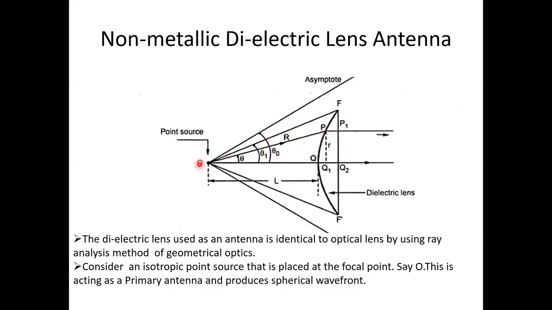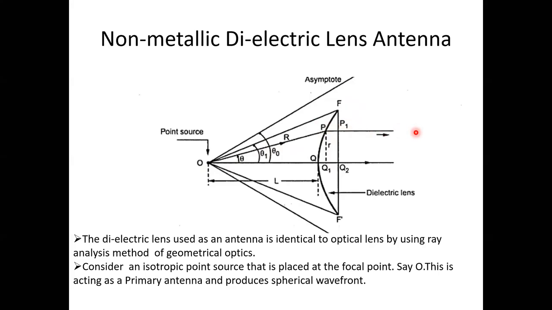As we know, when the wave is traveling from here to the lens, all the waves that are falling onto this lens should be converted to a plane wavefront. So how can it convert to a plane wavefront? It can convert only if the distance of all the rays is the same.